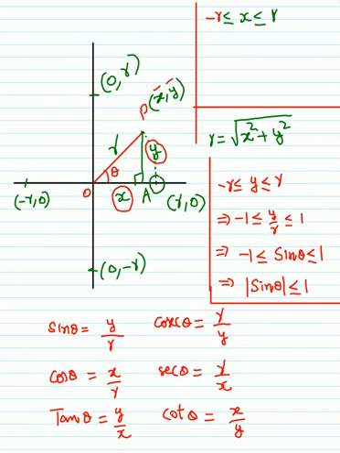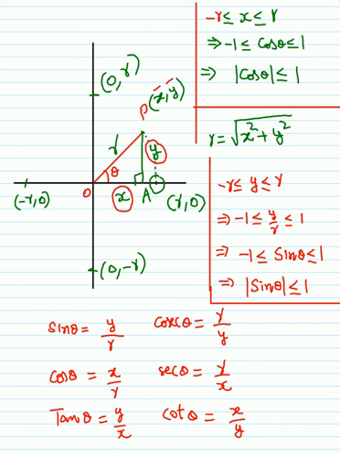If you divide both sides by r, we get minus 1 less than or equal to cos theta less than or equal to 1. So from this we can conclude that the modulus of cos theta is less than or equal to 1.